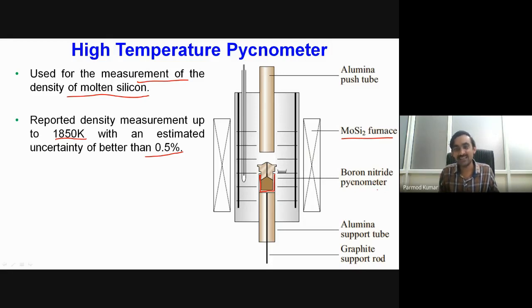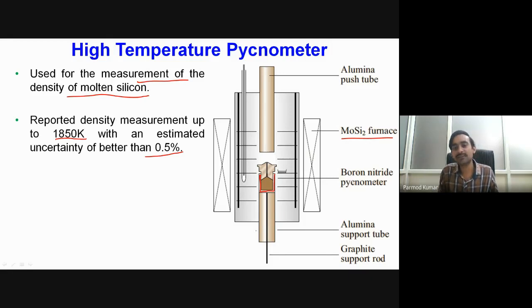Below that we are having one graphite support rod and an alumina support rod to support this pycnometer device, and above we are having one alumina push rod to push the cap of this pycnometer. And over here we are having one thermometer attached for measuring the temperature.